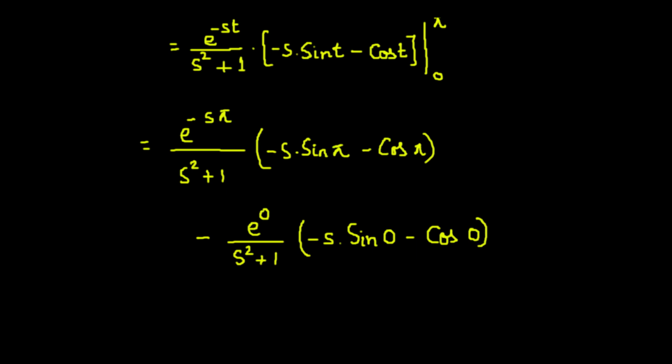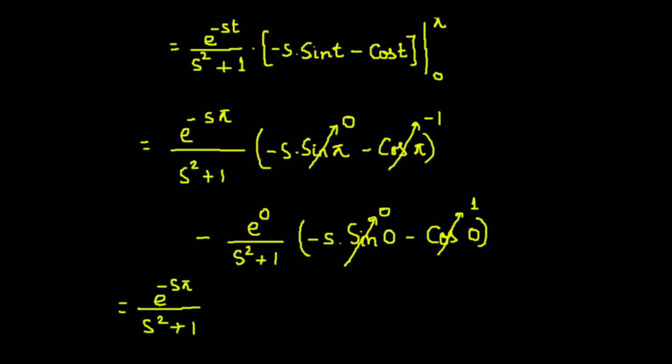Now we know the sine of pi is equal to 0, so this value will go to 0. Cosine of pi will be negative 1. Sine of 0 is 0, and cosine of 0 is positive 1. So we finally get e raised to the power of negative s pi divided by s squared plus 1 multiplied by negative of cosine of pi, so negative of negative 1 will be simply positive 1.